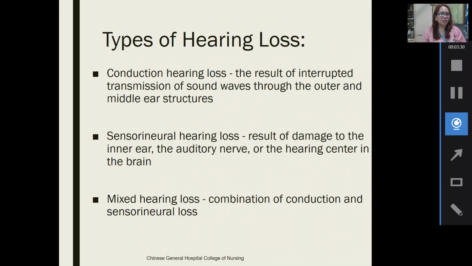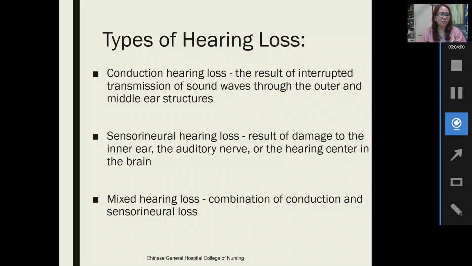So, there are types of hearing loss, no? The conduction hearing loss, which means, it is the result of interrupted transmission of sound waves through the outer and the middle ear structures. While the sensorineural hearing loss, it is the result of damage to the inner ear, the auditory nerve, or the hearing center of the brain.